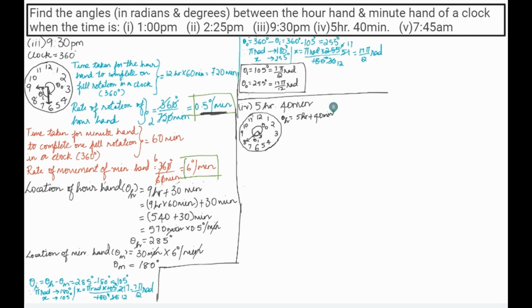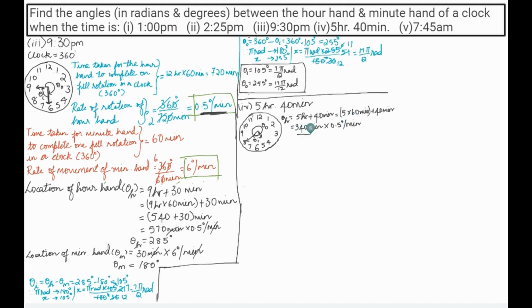In terms of minutes, it is 5 into 60 minutes plus 40 minutes, which is equal to 340 minutes.